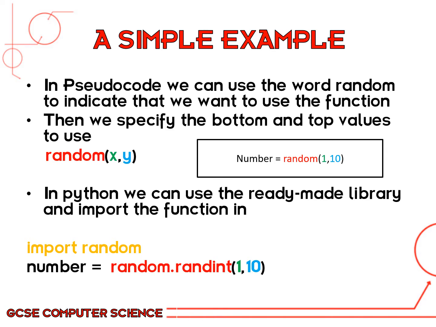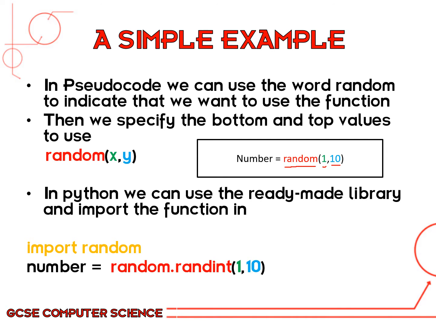So in the exam, if you create a variable, call it number, and say that it's equal to random, and then the bottom and top value that you want to use. In this particular case, we're using the word random. We're saying our bottom value is 1 and our top value is 10.